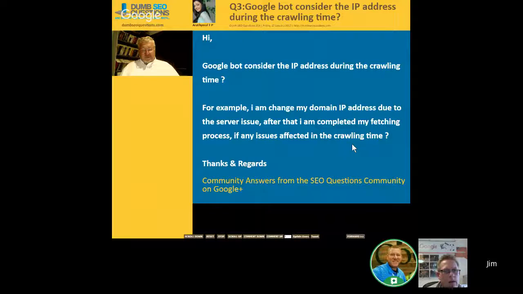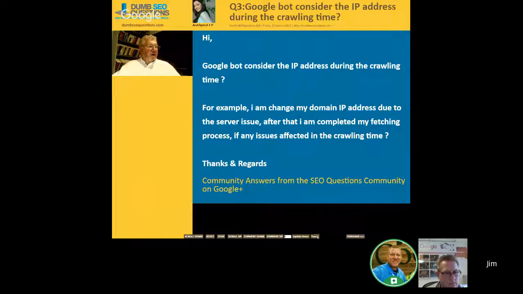But yes, you don't have to consider what the IP address is, but you should be aware that cached DNS records need to expire before the new server is called by anybody using DNS, not just Googlebot. Does that sound like a fair enough answer?